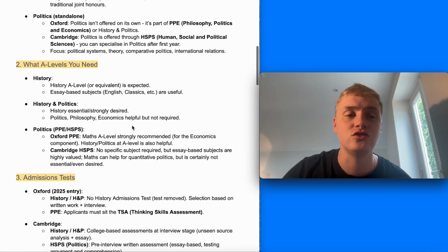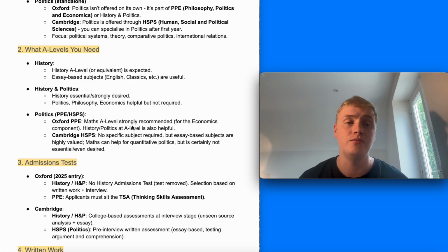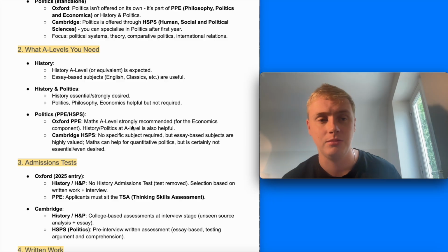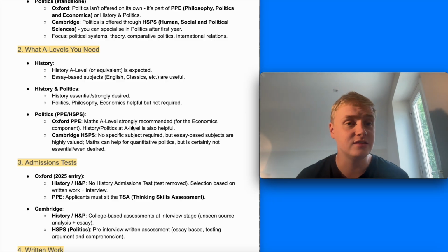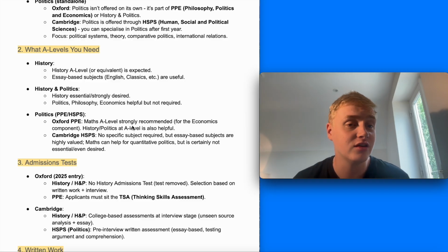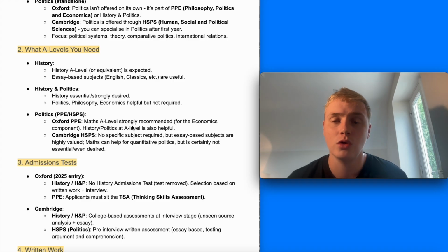In terms of what A levels you need, if you're applying for history, a history A level is expected, and essay-based subjects are also useful: English, classics, politics, for example. For history and politics, history is essentially essential, strongly desired, and A levels such as politics, philosophy, and economics are helpful but not required.